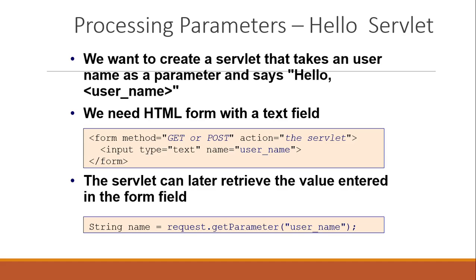A Java servlet example: we need an HTML form with a text field, method get or post, action being the servlet, and input type text. We have created these in JavaScript also, and it is the same thing here. The servlet can later retrieve the value entered in the form field, like String name = request.getParameter("username").